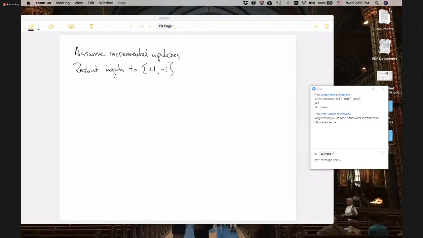And we will also assume that we are applying the step function before updating. Which now makes it non-Adaline, but this is actually what the perceptron does.